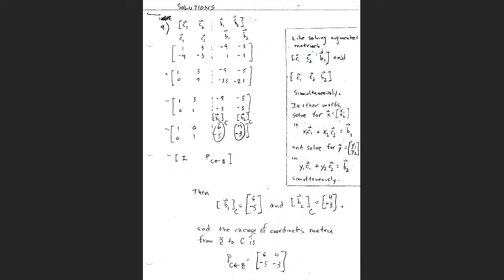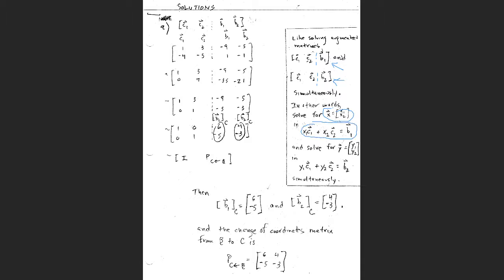This is the first augmented system. Here's the second augmented system. But another way to think about this is, I want to solve for x1 and x2 for this vector equation.